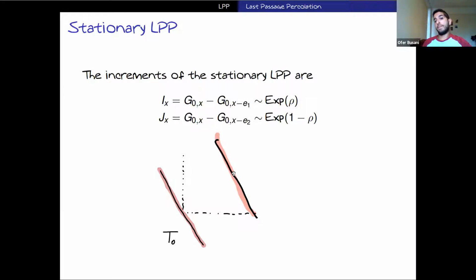So you can see that the distribution along this anti-diagonal will be the same as the distribution that we assigned on T0 in the first place. Therefore, you can see that there's a kind of stationarity going on here.